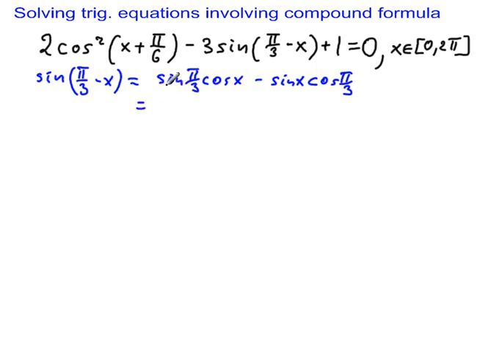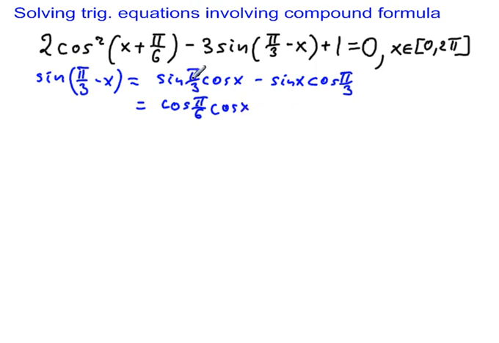And again, sine pi over 3, if you recall the ratios, think of it as 60 degrees. So this is root 3 over 2, and the root 3 over 2 ratio is equivalent to cosine pi over 6. This is something that we need to know in order to be successful in solving this type of equation.